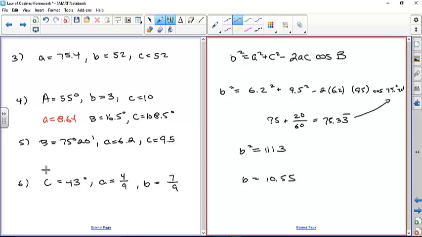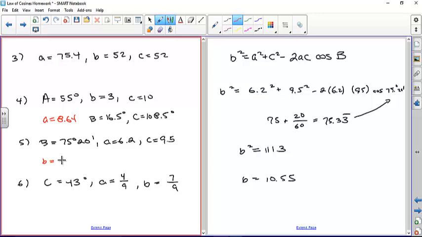So let's go ahead and write that down. So b is equal to 10.55. Okay.